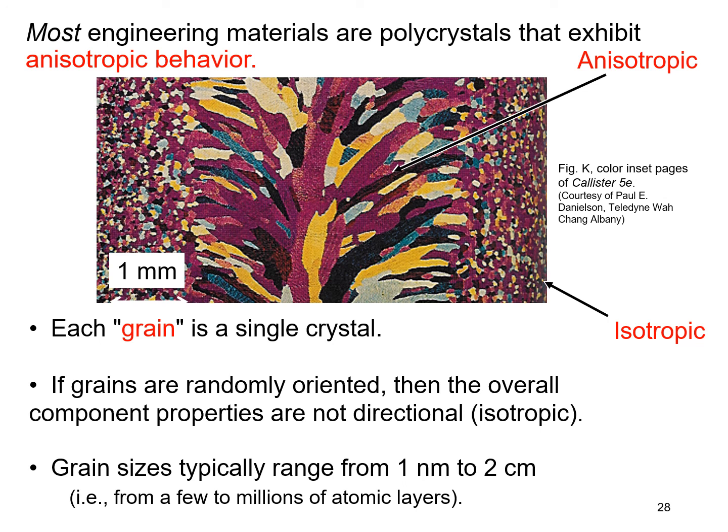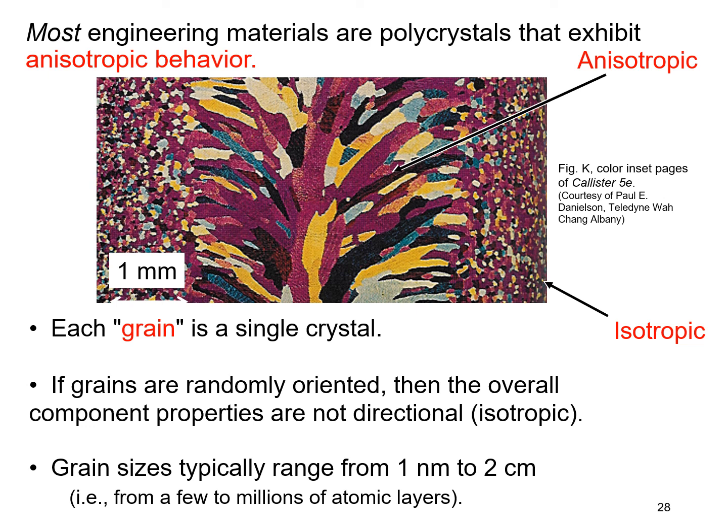Most engineering materials are polycrystals. In the image here, each grain that you see is a single crystal. In the areas where the grains are randomly oriented, the overall component properties are not directional. We call this isotropic, meaning the properties are the same in all directions.